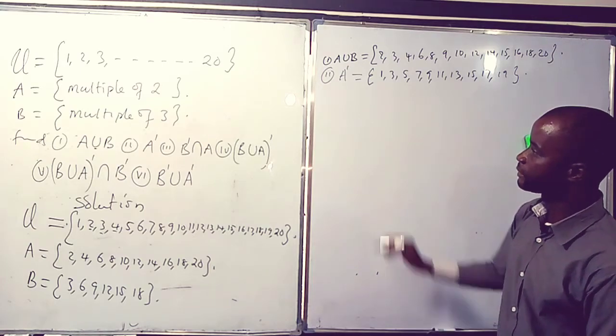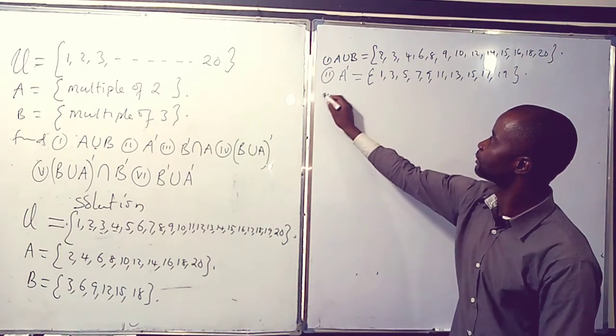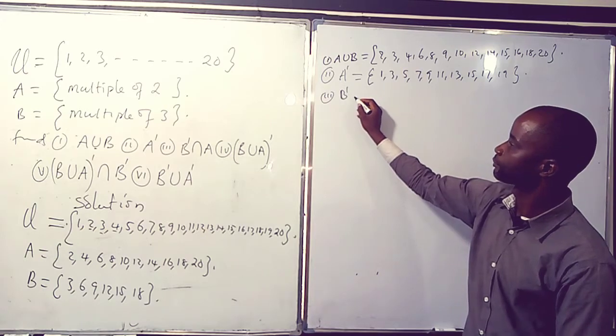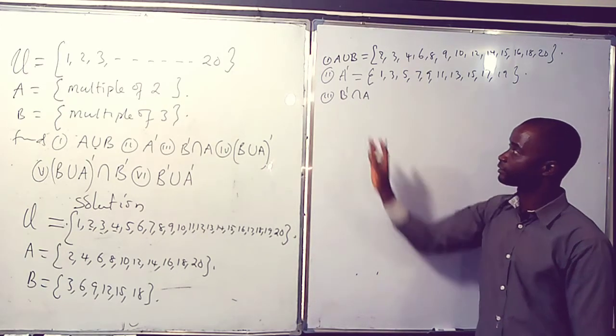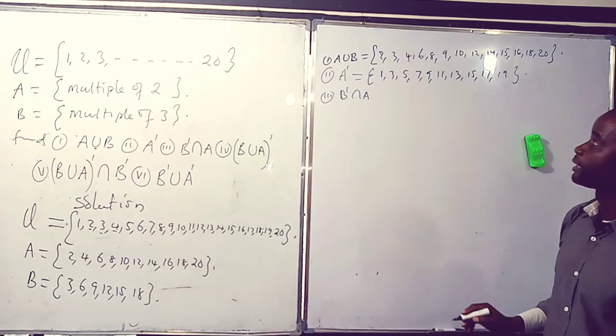And then the next one is B prime. The third one is B prime intersection A. But before you find B prime intersection A, let's first find what B prime is.